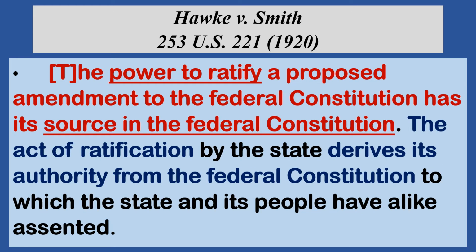The court here continues to just emphasize that the power of proposing a constitutional amendment to the federal constitution has its source in the federal constitution. The act of either ratification or of proposing that amendment derives its authority from the federal constitution. So the states' constitutions and laws cannot prevail over the supremacy clause in the U.S. Constitution.